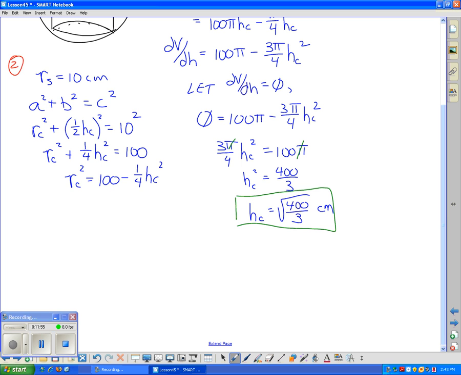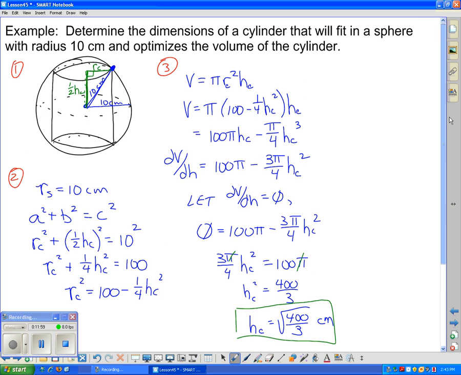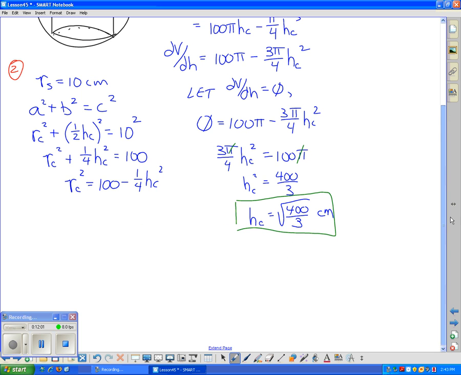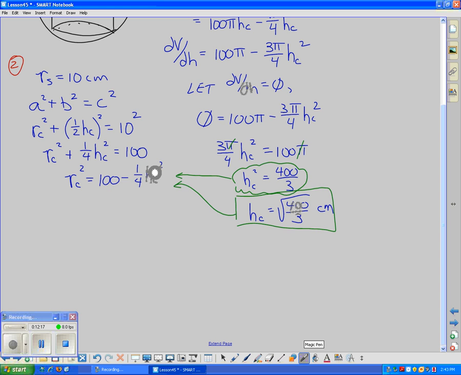Did they want full dimensions in the question? Determine the dimensions of a cylinder. So yep, now we have to finish it off. I'm going to use this line in my substitution, because that's what h squared is equal to, and I need an h squared anyway.